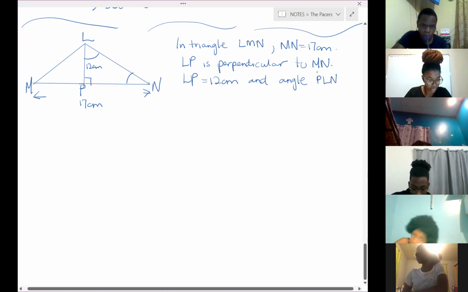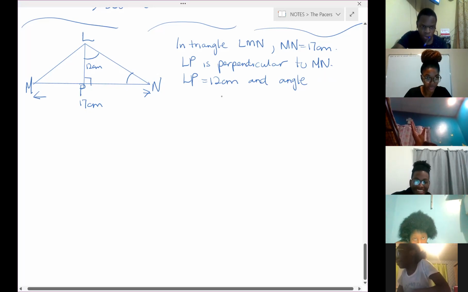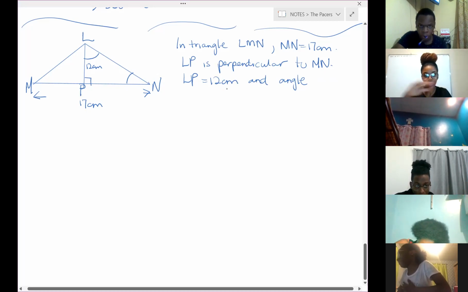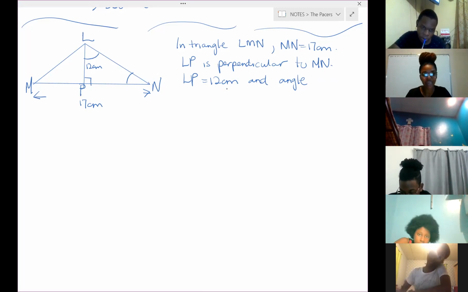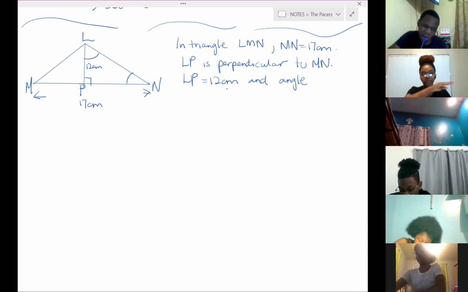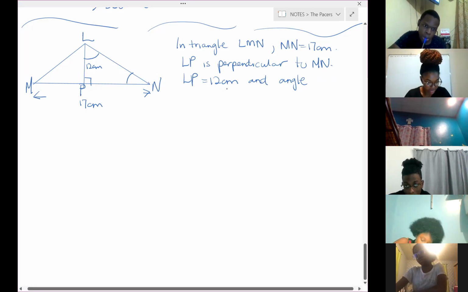Well, I think so. Perpendicular meaning, you know, to each other. This forms a 90-degree angle. So one is a base, one connects on the base and it forms a 90. So if a line is perpendicular to another line, they meet each other at a 90-degree angle.